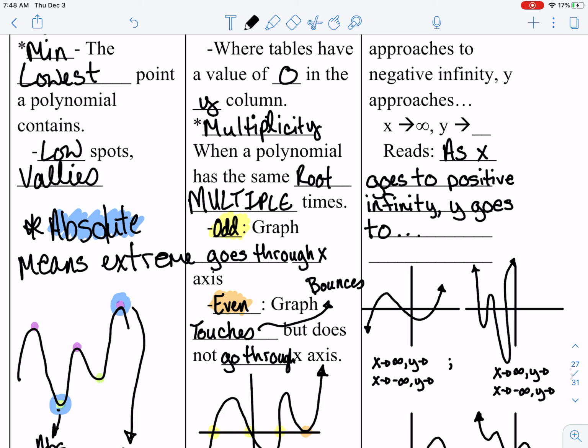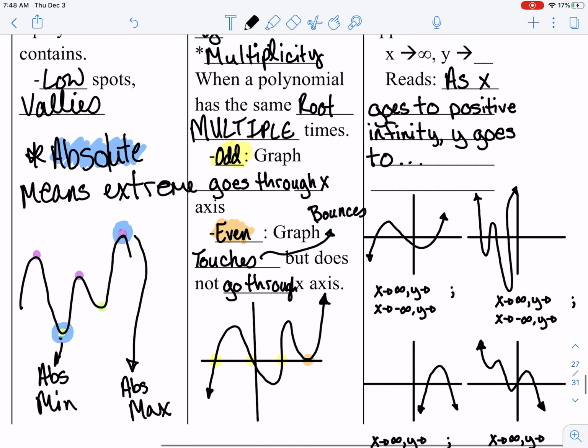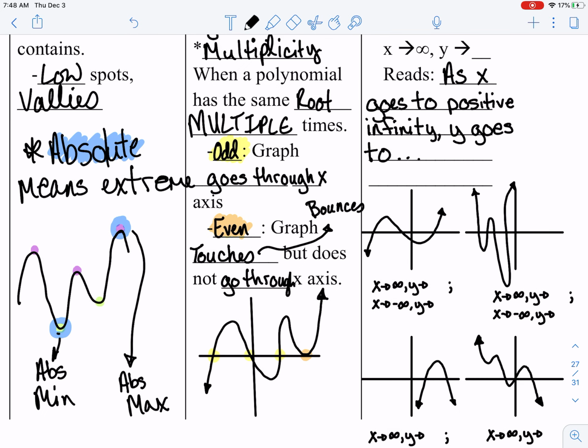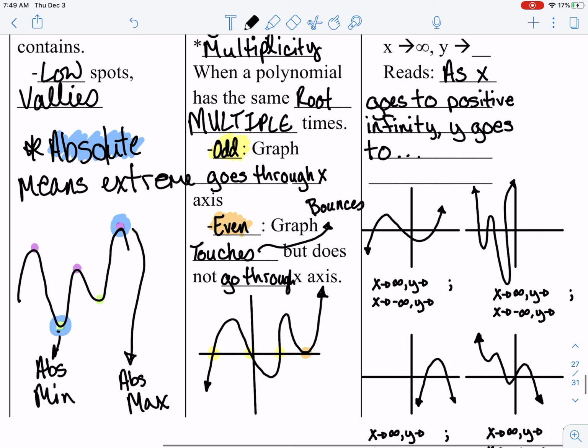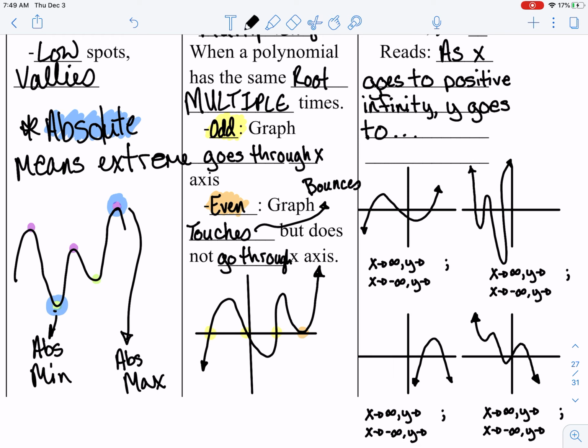Multiplicity we talked about a little bit with the roots and solutions. Again, I want to hit on it very quickly. Multiplicity is when the polynomial has a multiple root, or the same root multiple times. If it is odd, the graph will go through the x-axis.